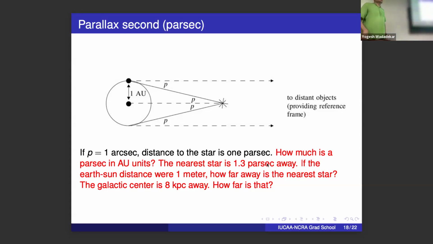Does anyone know the distance to the moon? Yes, approximately 4 lakh kilometers. And this is 16 lakh kilometers. So this is the sun, this is the Earth. The nearest star we said is 200 or 260 kilometers away.